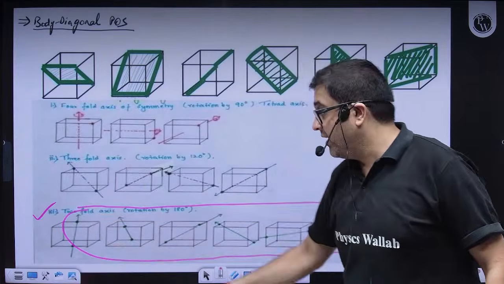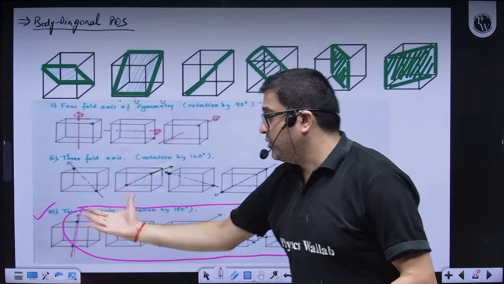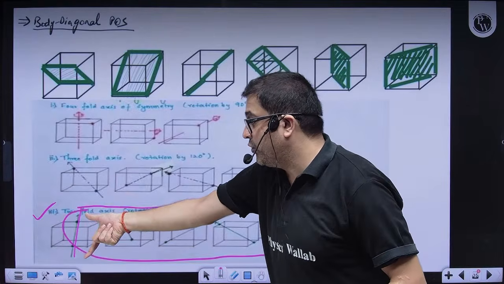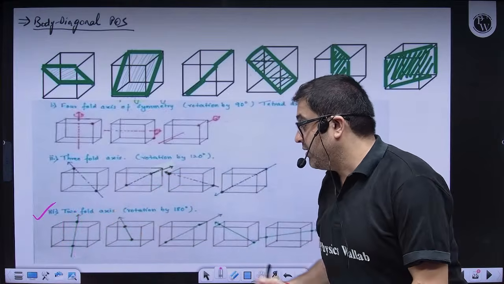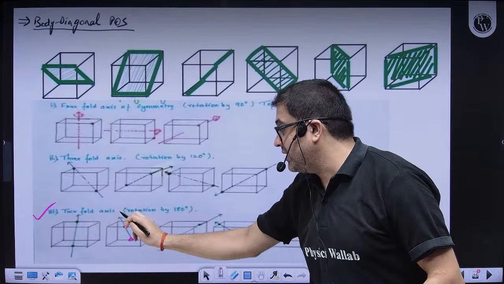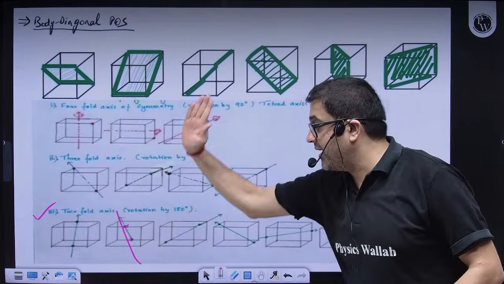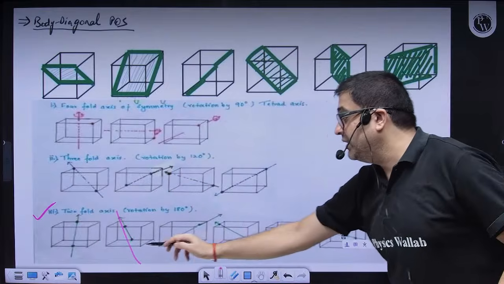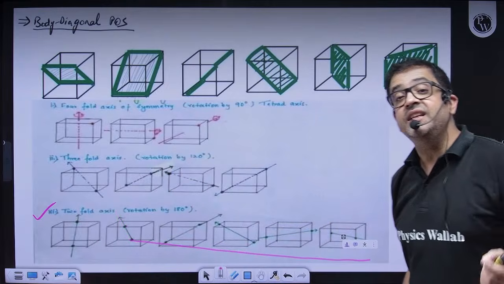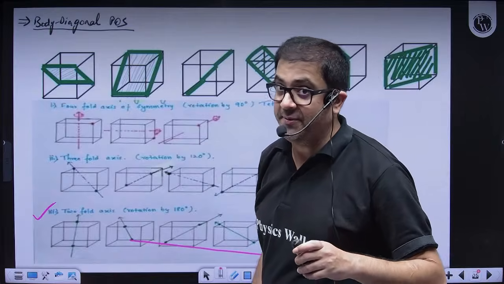Sir, 6. Sir, if you rotate 180 degree you get the same picture. Sir, this edge center and this edge center will be my axis. So along that axis if you rotate you get the same picture. So these are your C2, as in two-fold axes of symmetry.